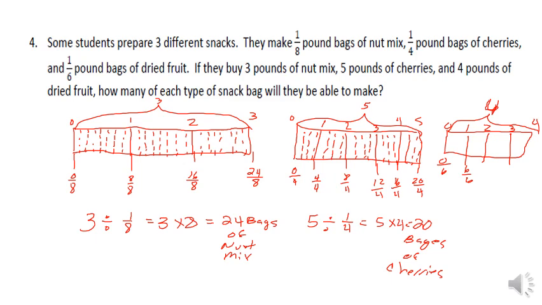And I know 1 is going to be 6 sixths. 2 is going to be 12 sixths. 3 is going to be 18 sixths, and 4 is going to be 24 sixths.